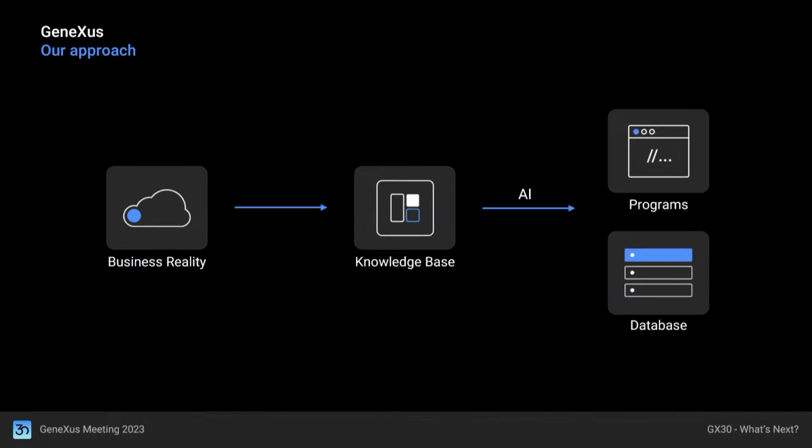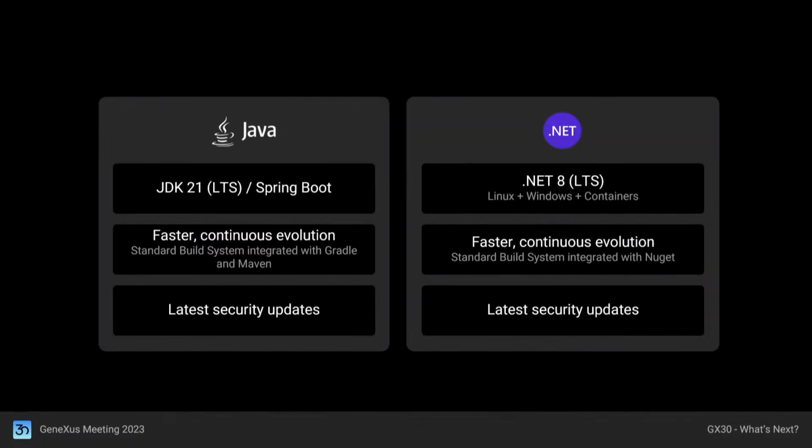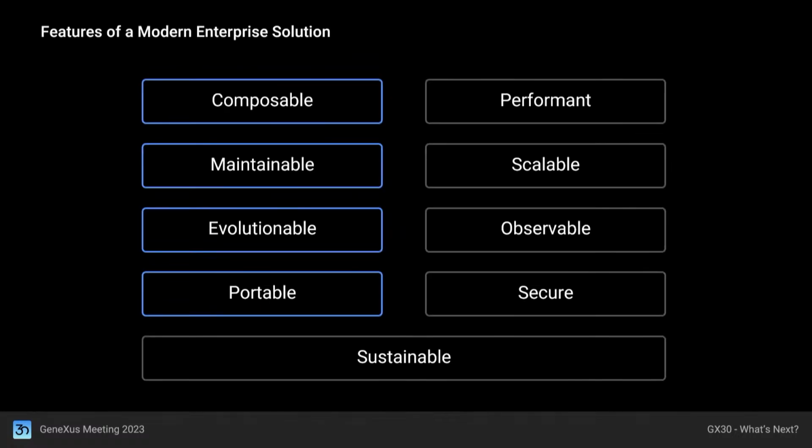We generate programs and databases. We can help the systems grow and evolve. In this sense, we maintain the generators always updated, and at any point you can generate for the latest technologies and maintain your technologies always modern.